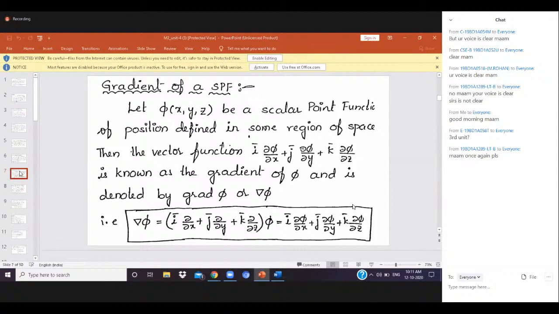Then how to calculate the gradient of that scalar point function?